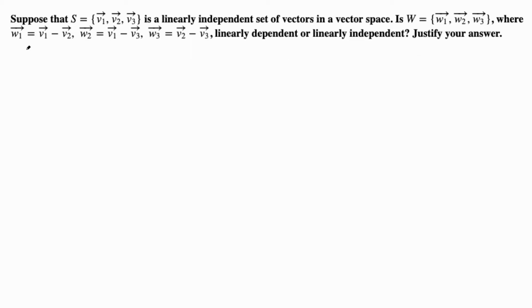So consider c1 w1, because we are concerned with this set, plus c2 w2 plus c3 w3, where c1, c2 and c3 are constants, equals 0.